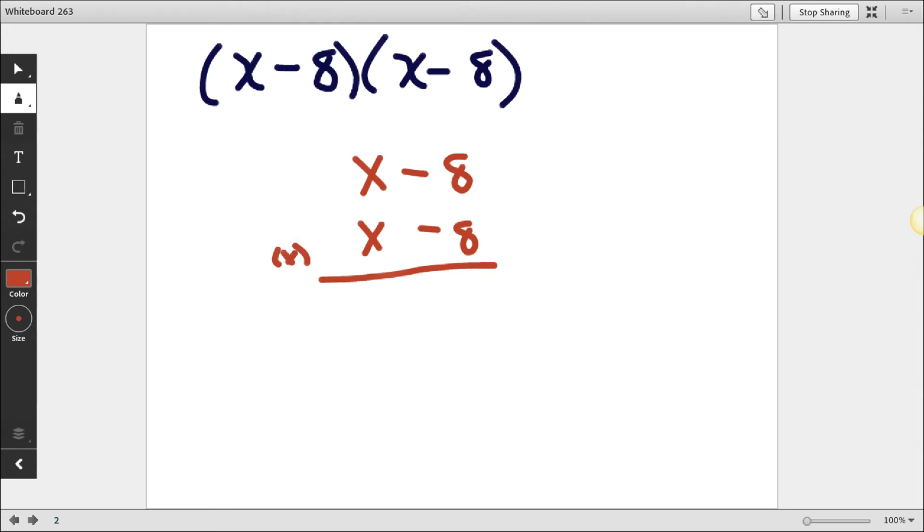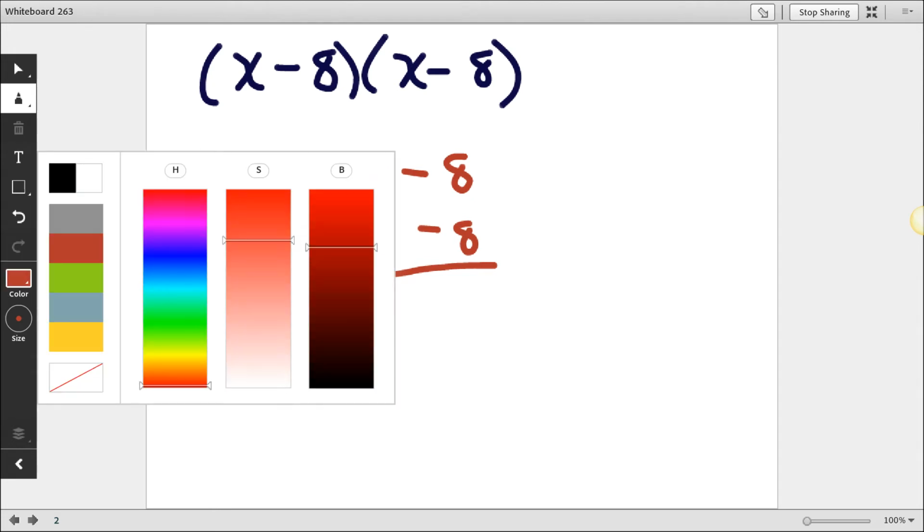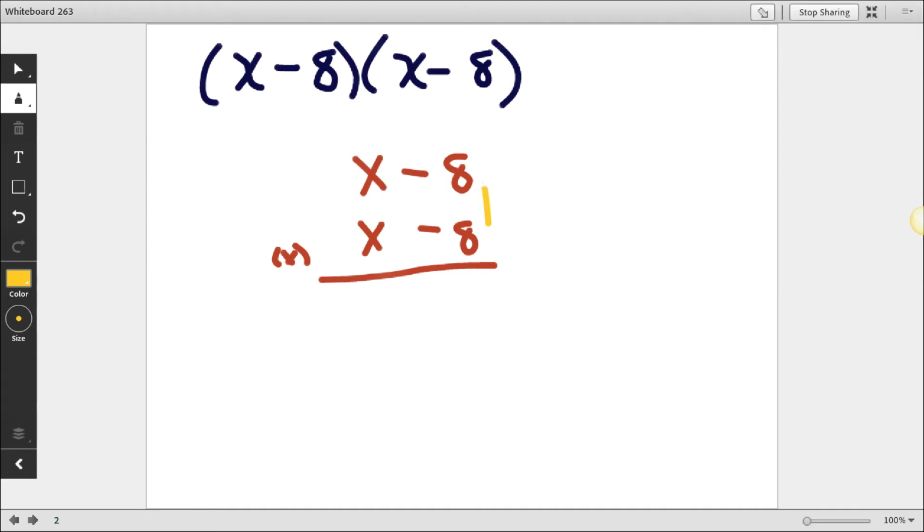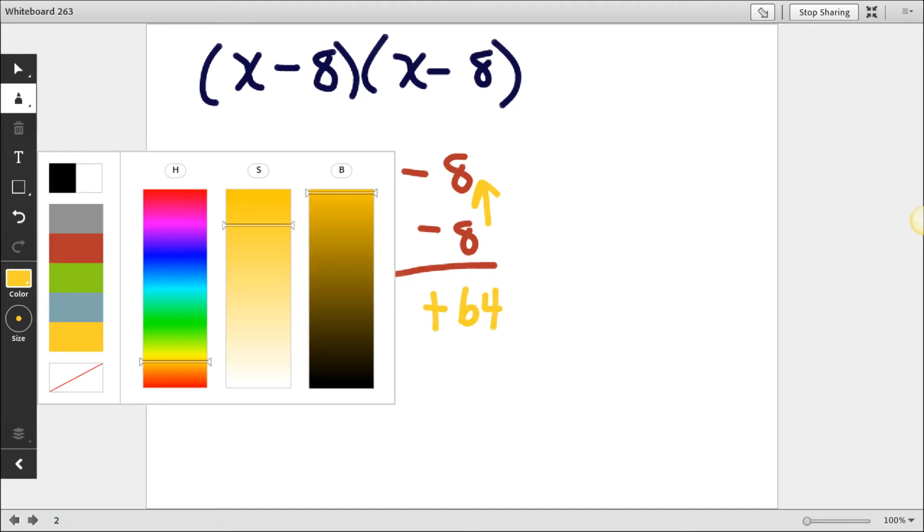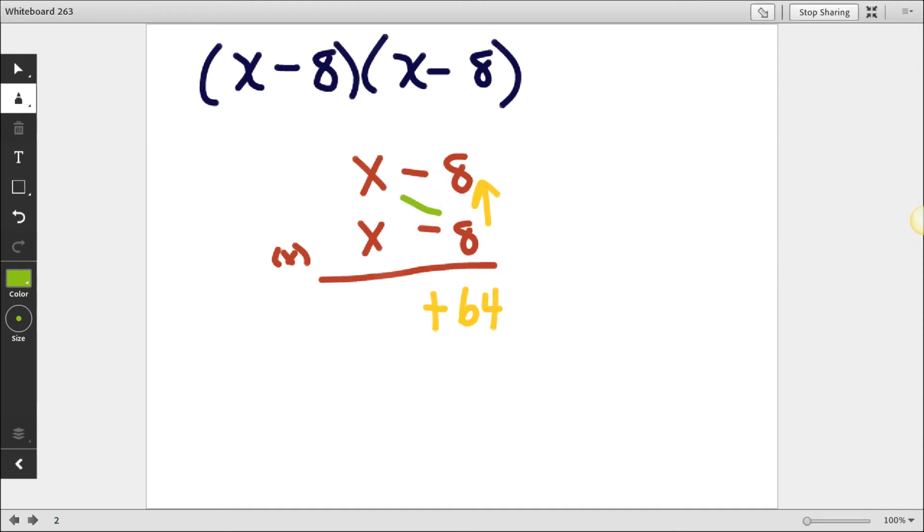And so we can do that here. So we start off. What's -8 times -8? That's positive 64. The only difference here is you're going to have to put your signs. -8 times x, -8x. Look at that. Just like what you learned in elementary school.